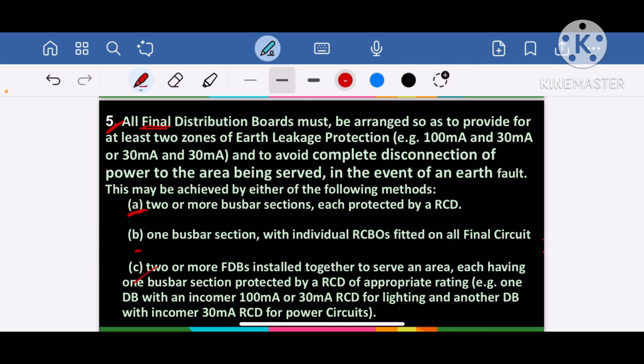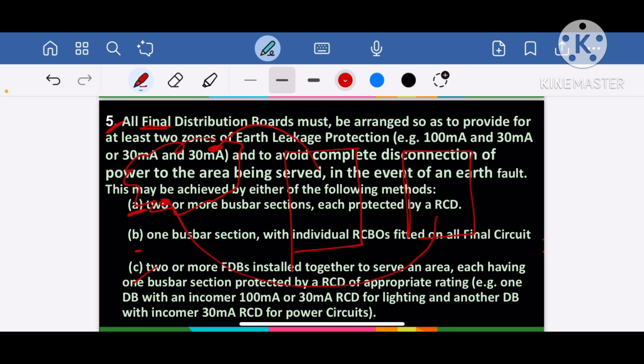Here it is mentioning 2 or more final distribution boards together to serve an area. What it is saying, suppose we have to serve this area, so we have to use 2 final distribution boards. Okay, one distribution board will feed power loads and one distribution board will feed light loads.